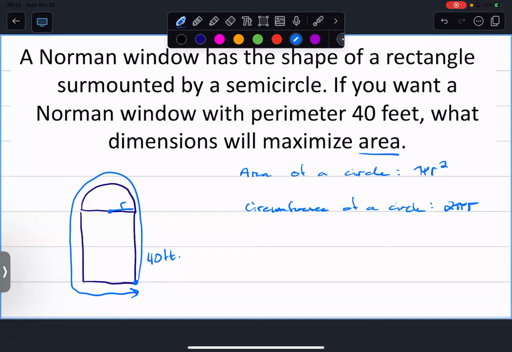What can we do? All right. Well, we can start here with the radius, right? So this distance here has to be 2r, regardless of what the radius is, we're allowing it to fluctuate. And so this distance has to be 2r.